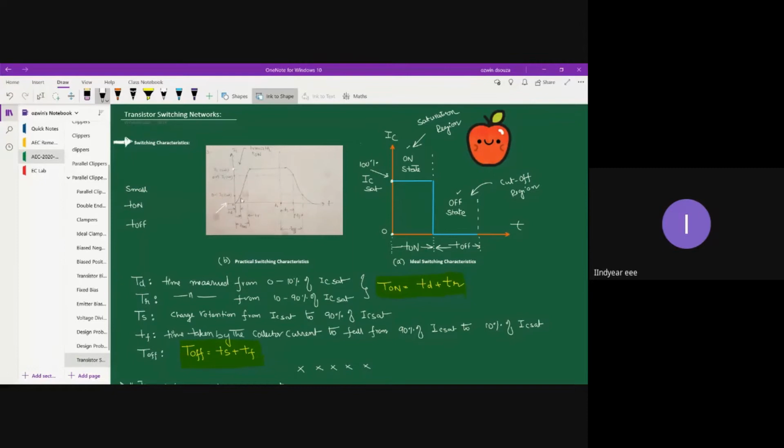So the time interval measured from 10% of IC saturation to 90% of IC saturation will give you the rise time TR. The addition of delay time and rise time will give you T on. So this T on, along with TD and TR, is mentioned in the transistor datasheet.